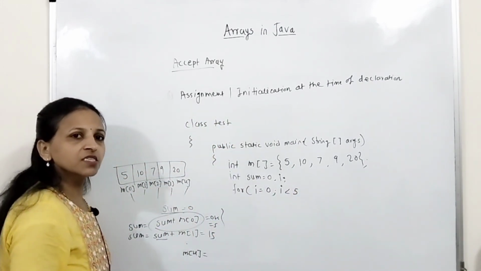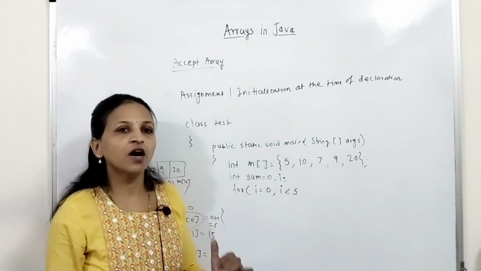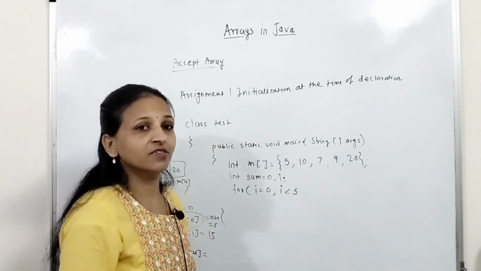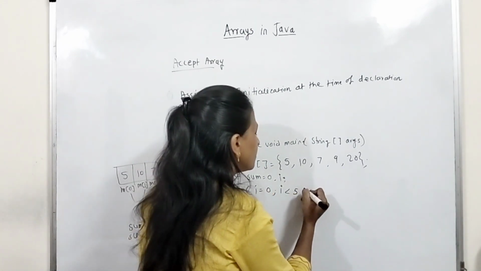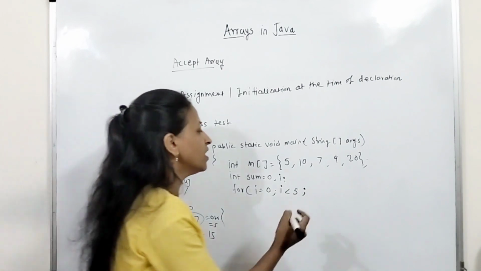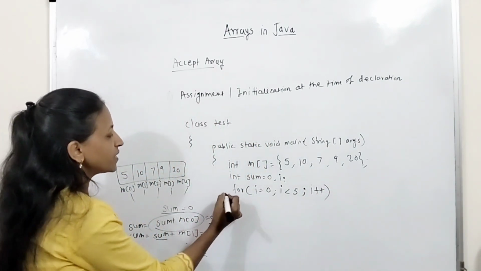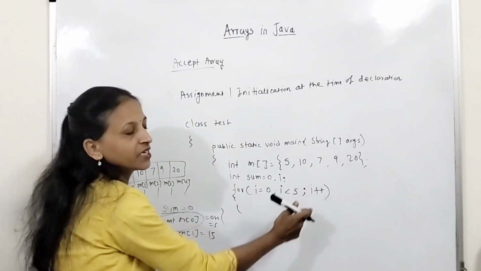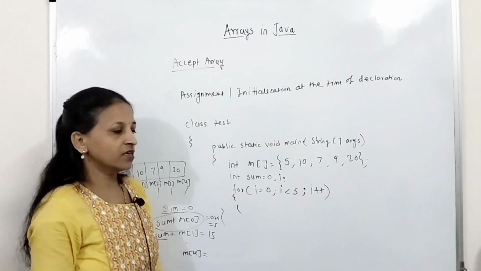Less than 5 means 0, 1, 2, 3, 4; up to 4 this loop will be executed. Every time I am just adding 1 to that I variable, that's why we have to write I plus plus. Plus plus is an increment operator that we can use to increment the value of that variable by 1.